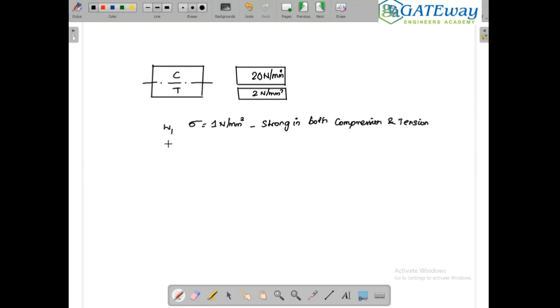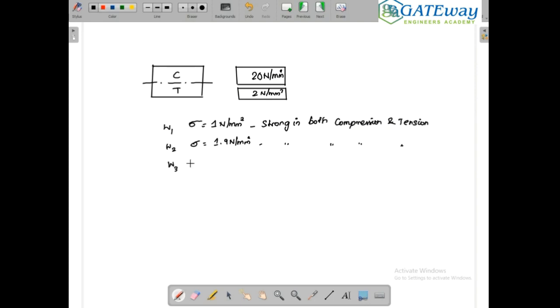If the load is increased now to W2, then the stress is say 1.9 Newton per mm square. The same thing, it is strong in both compression and tension.